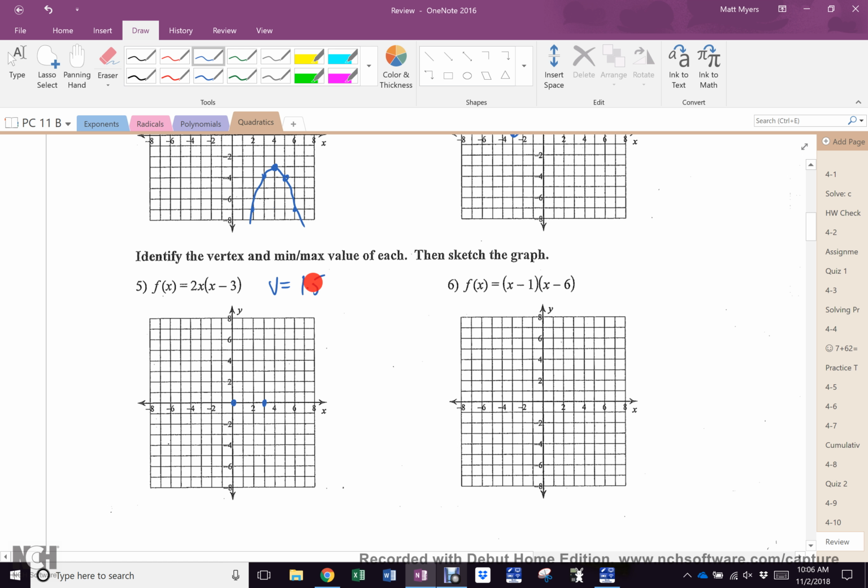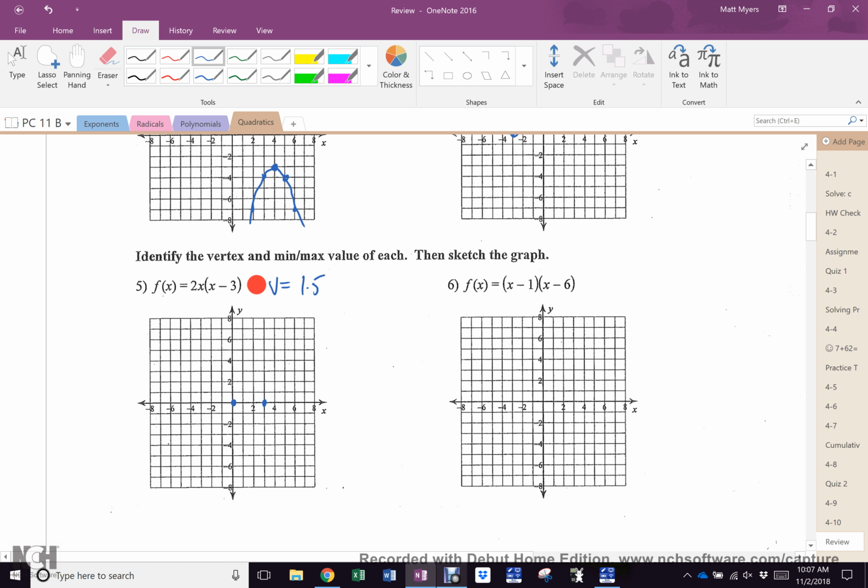And then where does that x have to go? That's an x value, right? In for x. What's 2 times 1.5? 3. What's 1.5 minus 3? Minus 1.5.